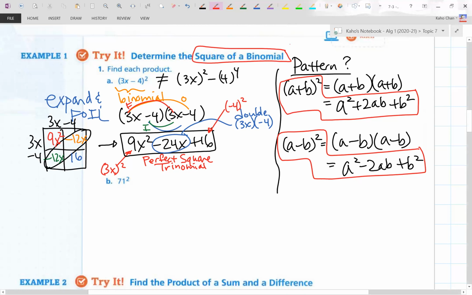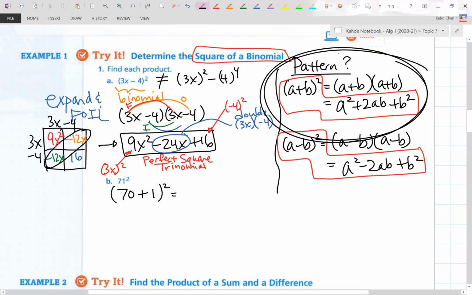All right. 71 squared is kind of interesting. How does that fit with this square of a binomial? Well, here's what they want you to think. Think of 71 squared as 70 plus 1. They pick numbers that are near 71 that are easy to just do in your head. 70 plus 1 squared should fit the pattern, and I'm going to borrow this up here. Okay, 70 is a.